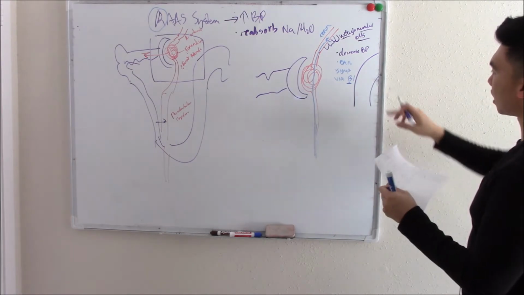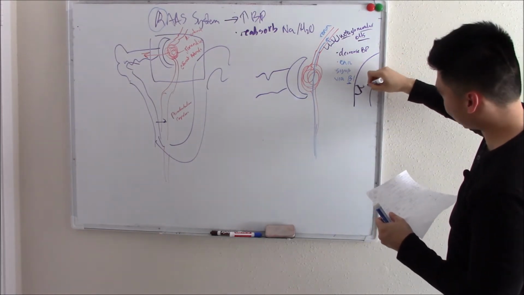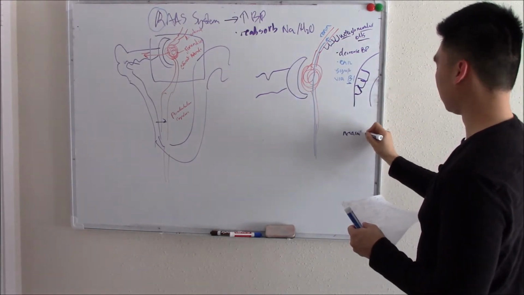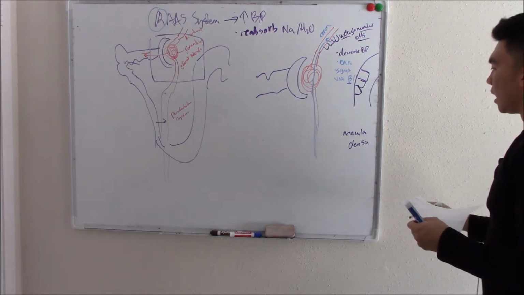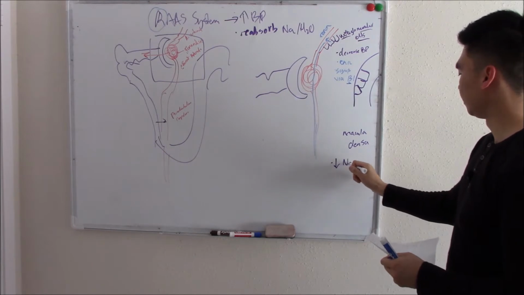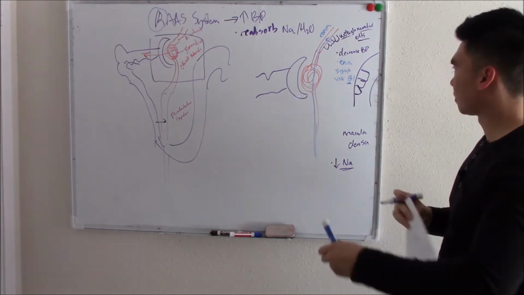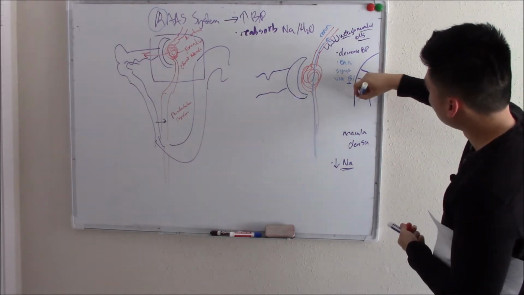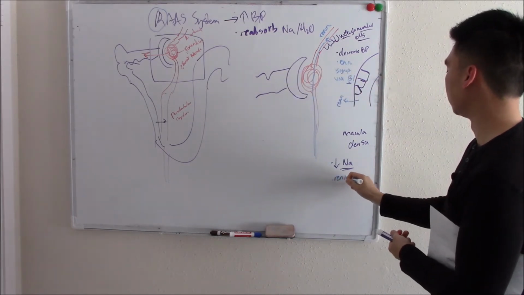Now how about your distal convoluted tubule? Well, your distal convoluted tubules have special cells called your macula densa. And your macula densa senses low sodium. And when it senses low sodium, what do you think it will release? It will release renin.